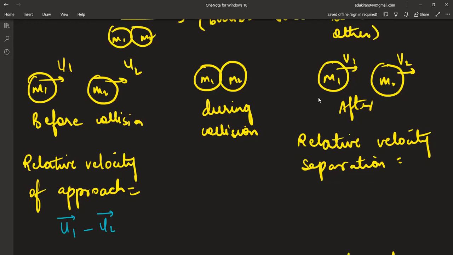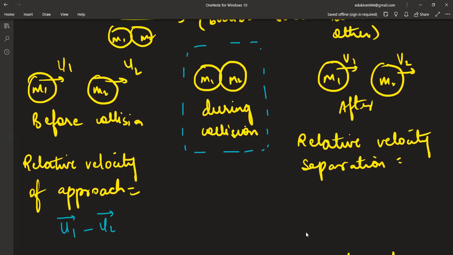Now collision has occurred. So what will happen? After exchange of velocity, the bodies will not be at their original velocities. They will have certain new velocities. These were the original velocities. They have collided, and this is the process during which collision is occurring. Once they have collided, they are moving with different velocities.